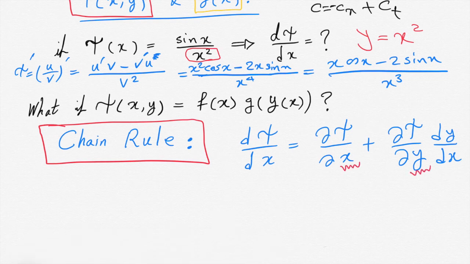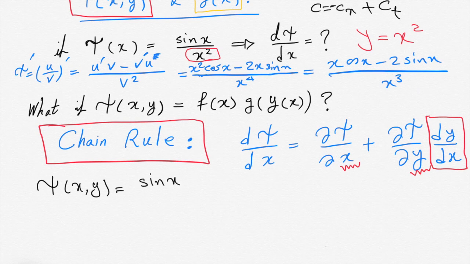So the first one is to take the derivative with respect to x, and the second one with respect to y times this one, dy over dx. This is a very important rule. So we want to just see whether this example works like this or not. Okay, so we say that psi of x and y, let me change actually the color.